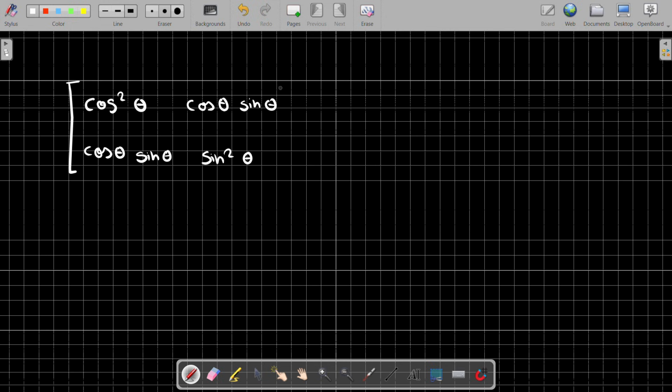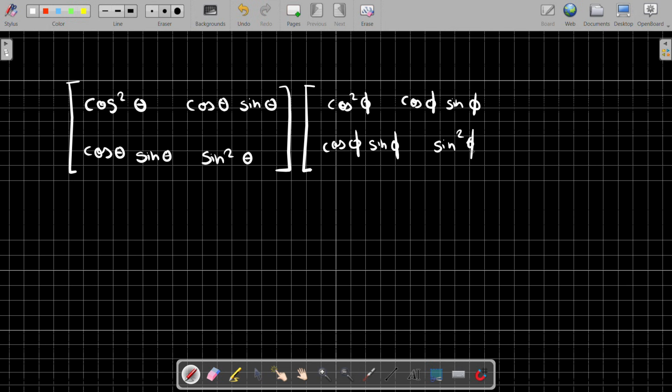This is our matrix A into matrix B, which is cos square phi, cos phi sin phi, cos phi sin phi, sin squared phi.